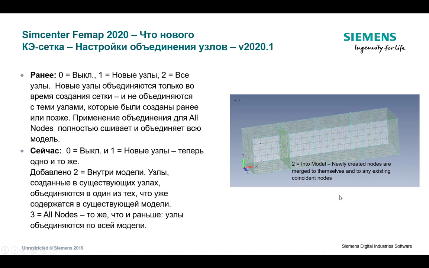If you use option number 2, then the nodes from the two solids we meshed with the command will be merged into the already existing nodes in the model. And if you were to use 3 all nodes, then all of the nodes in the model would be merged. And that doesn't even include just these 4 solids. If there were other solids in the model, then all nodes would be merged by using the option 3, all nodes.